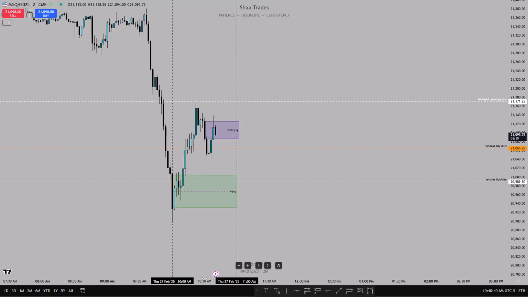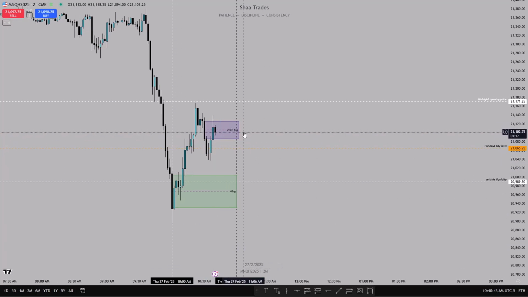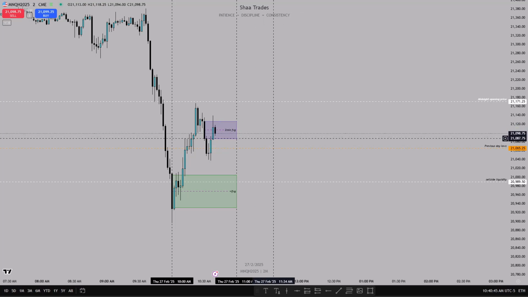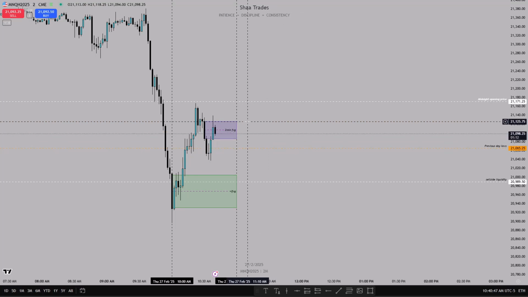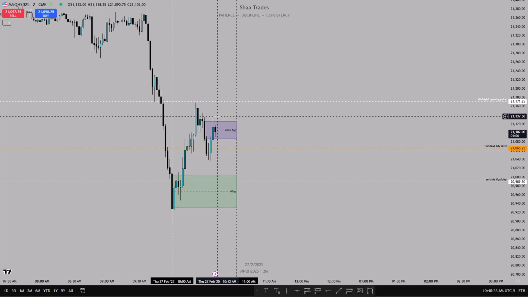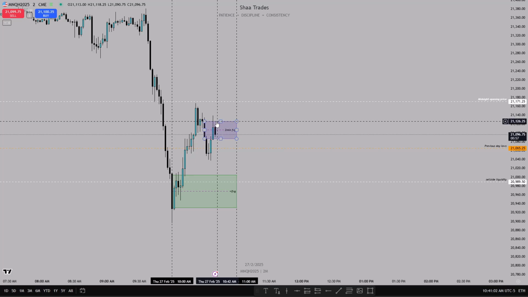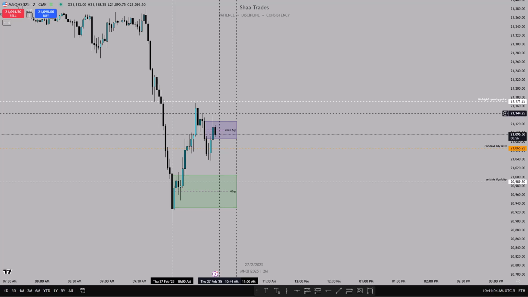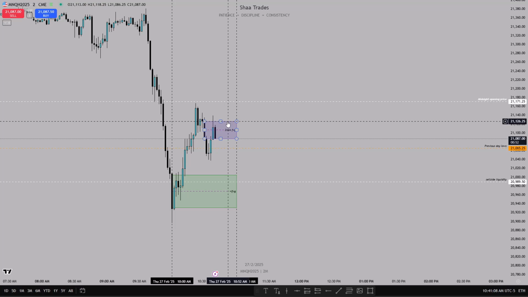But one thing I've noticed, after just reading price action and having chart time, whenever price goes above here and it closes, sometimes price would run away, and I'm entering here on the 2-minute. But if I drop down to the 1-minute, I will see price tap it, and I'll enter there, so I get a better entry.